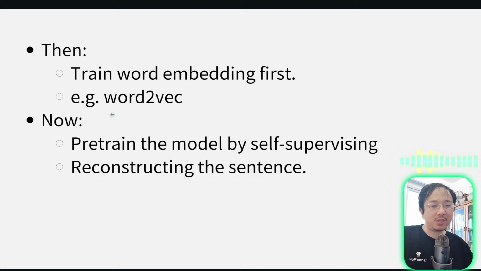We start with a dictionary, and each word has a pre-trained embedding. But now this process has been merged into the whole training. We do not train embeddings first and then train the LSTM or transformers. We do it in one motion.